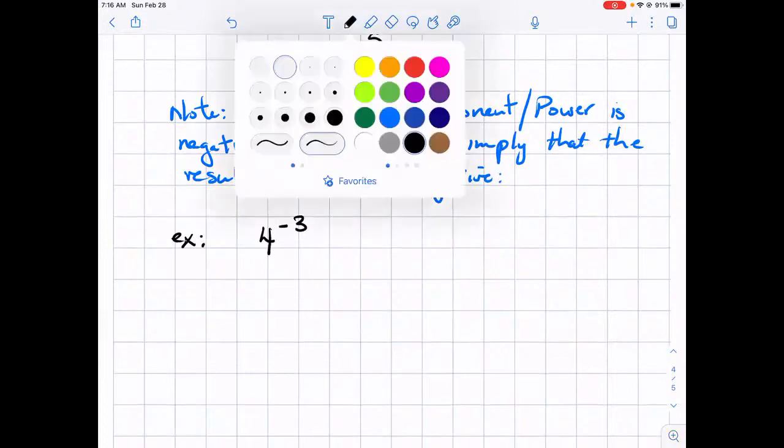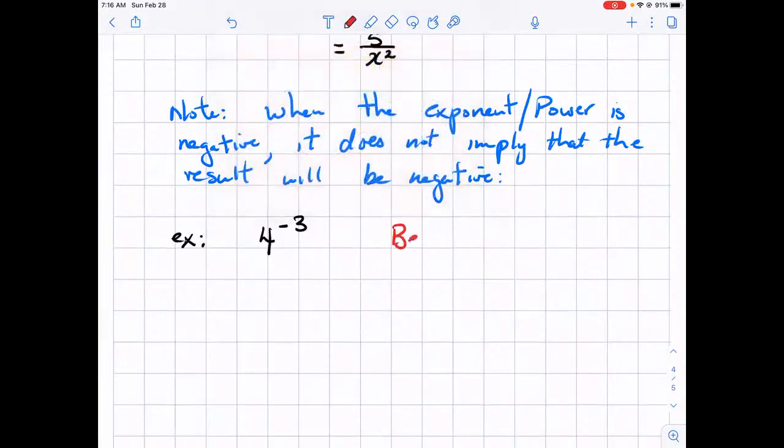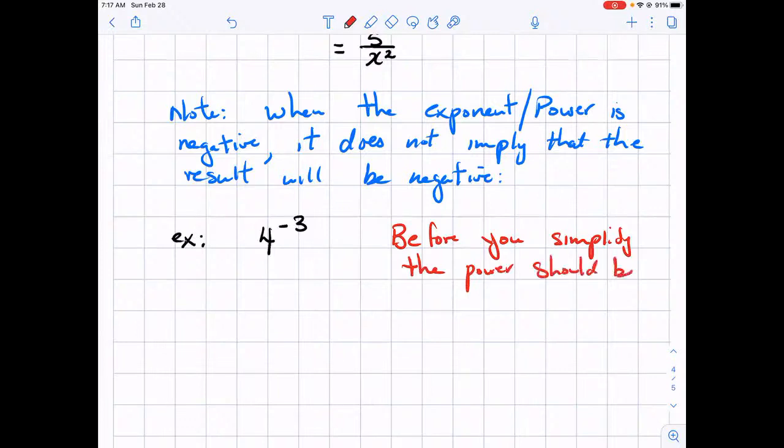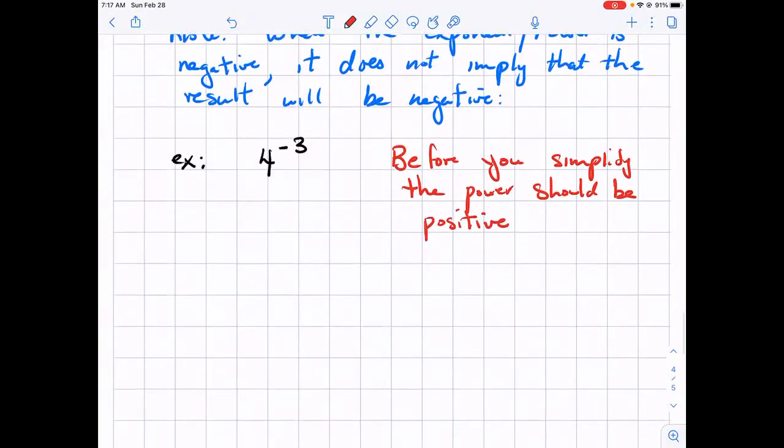So make sure before you simplify, the power should be positive.